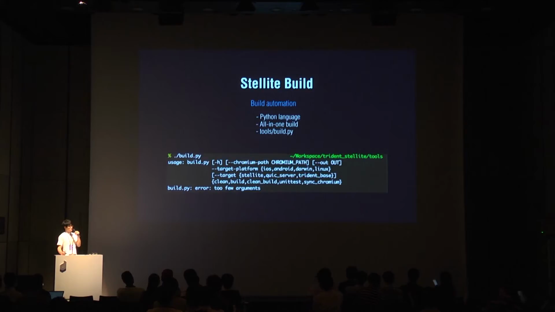Our script uses Chromium build systems such as GYP, gclient, and Ninja. We can specify the target platform and target output in the script. And the script will process a number of steps automatically, from patching Chromium code and the toolchain to build.